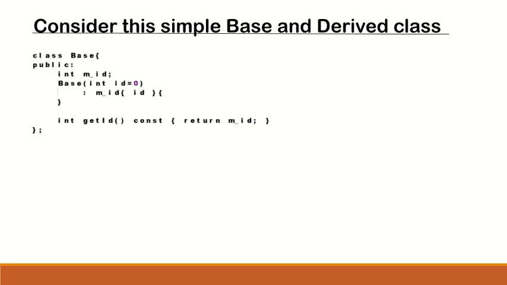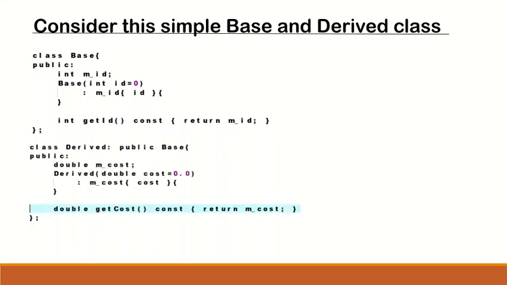We have taken a very basic example. The base class has only one data member and one member function, with a one-argument constructor with a default value. Similarly, we have a derived class deriving the base class publicly. The mode of inheritance here is public.